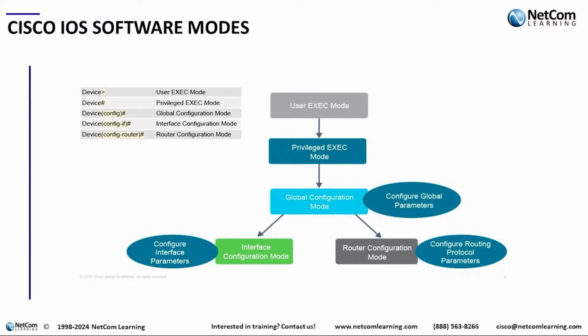And privileged exec can be password protected to allow only authorized users the ability to configure or manage the router. So from privileged exec level, you can access all of the command modes. And we mentioned those 5 that include global config, interface config, sub interface config, router configuration, and line configuration mode.